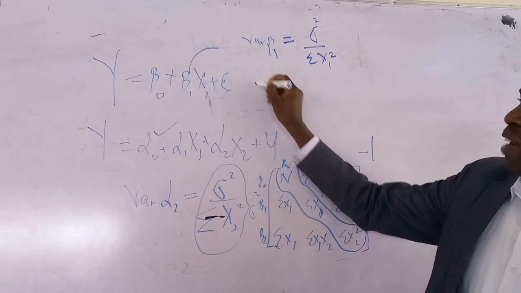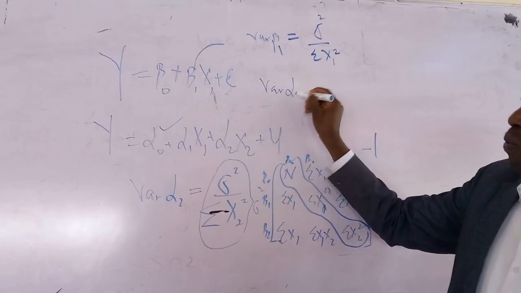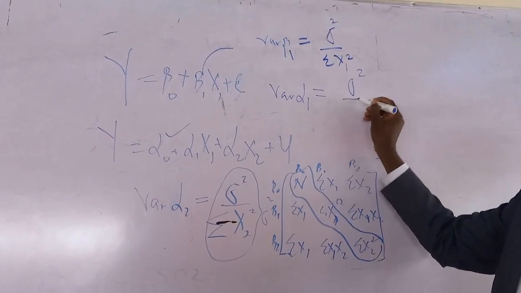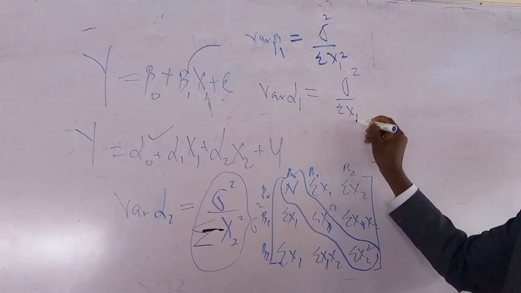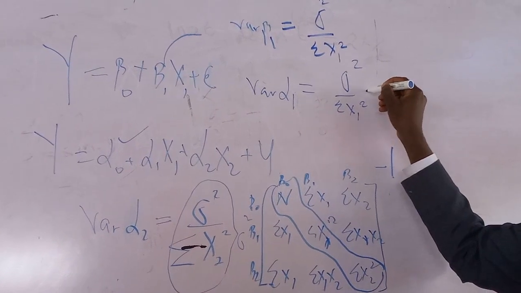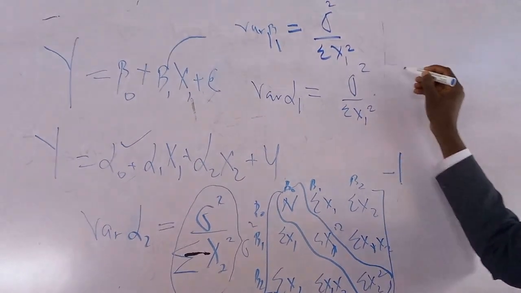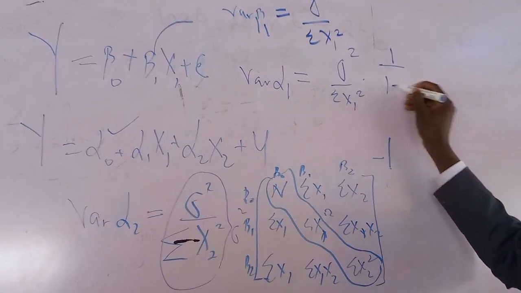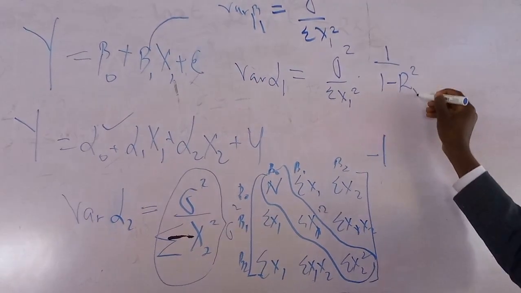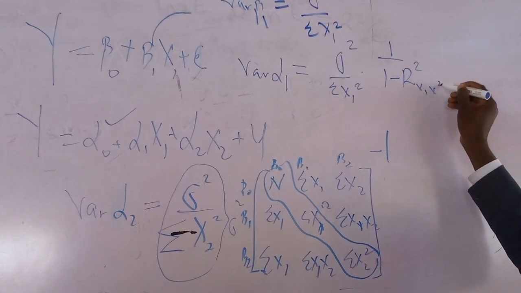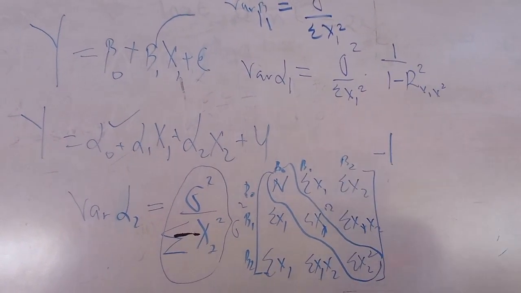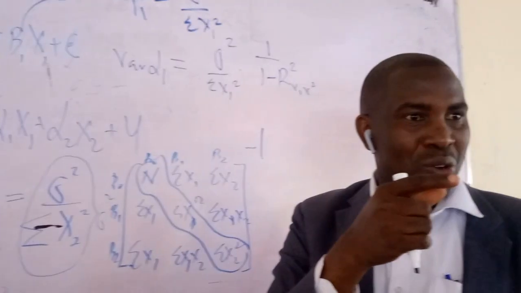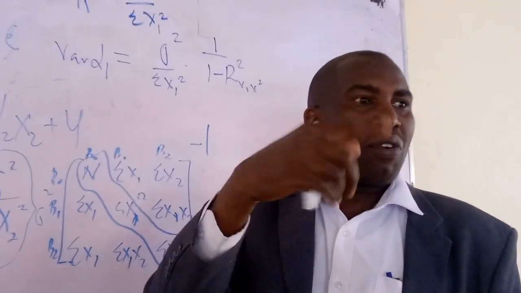So the variance of alpha 1 will now be sigma squared over summation of x1 squared, but the moment you've got more explanatory variables, you need to add the r squared of x1, x2. We call it the variance inflating factor. If you have more than one explanatory variable, the formula for variance changes.